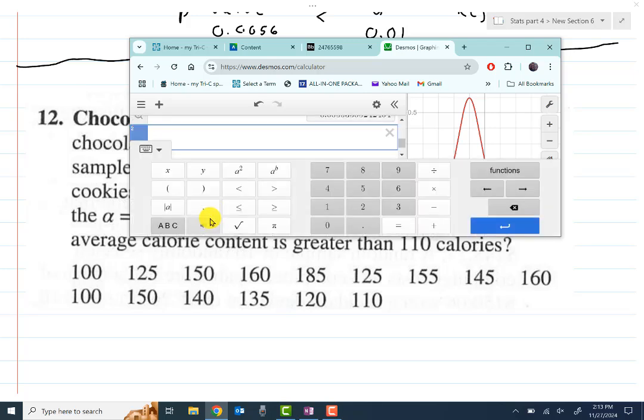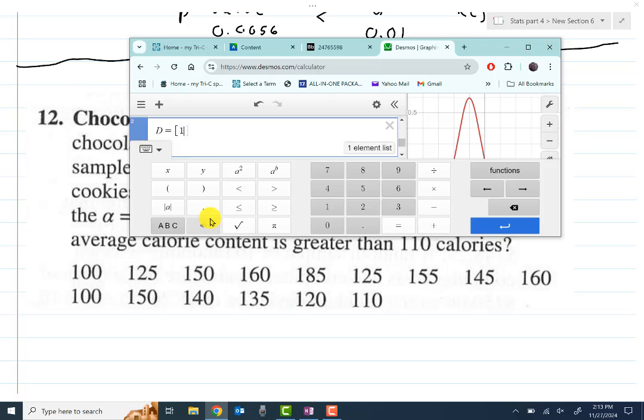I think the easiest way to put data in, if you have to do it by hand, is type the letter D equals and start a bracket. Now each piece of data you have to separate by a comma.